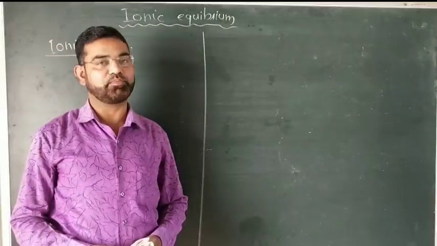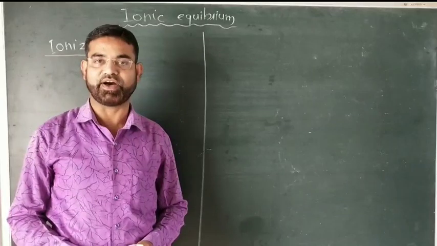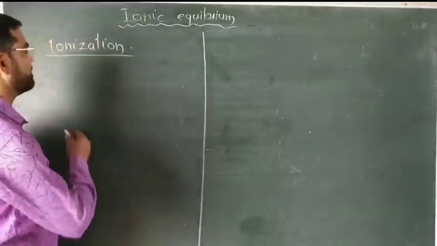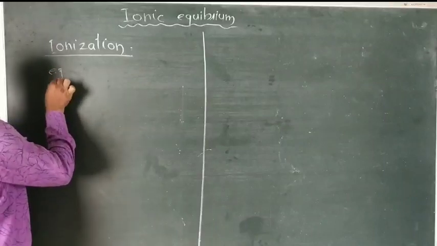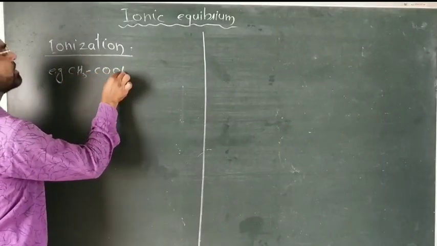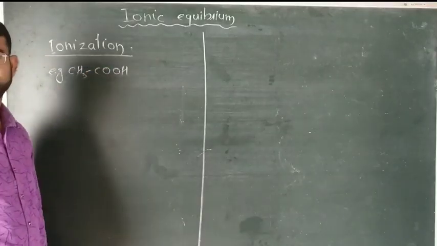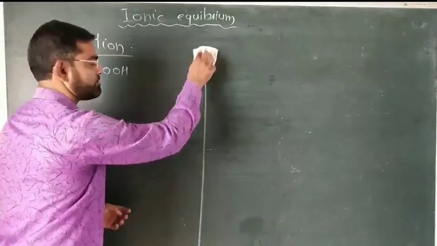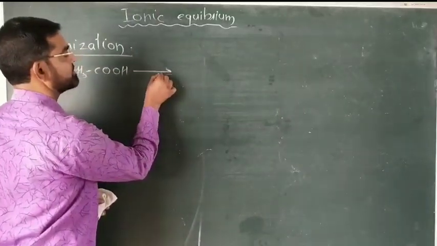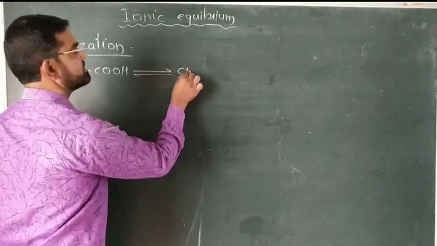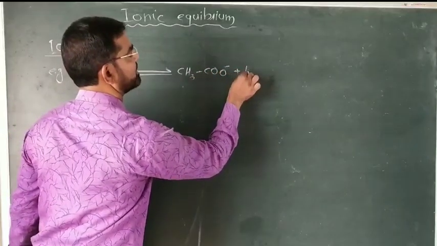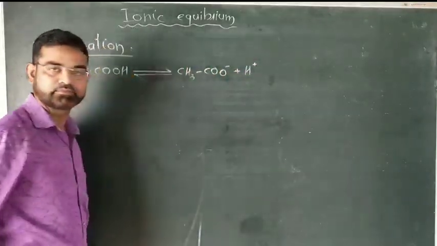Ionization means the process of formation of ions is known as ionization. Example: CH3COOH is acetic acid, which ionizes and forms CH3COO minus plus H plus ions.